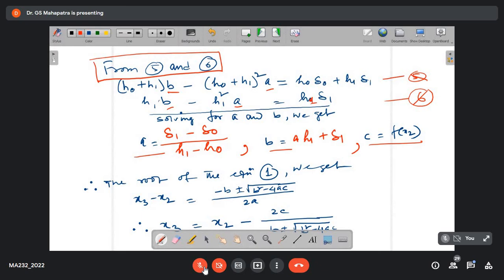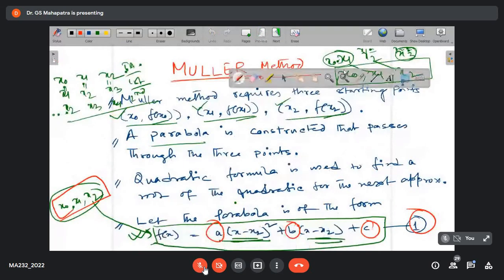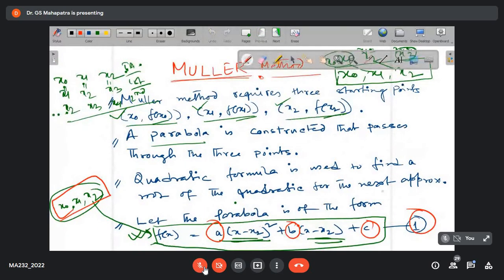Since you have A, B, C, I think you will be able to find the root of this equation, that is the solution. So what is the root of this equation? A times (x minus x2) squared plus b times (x minus x2) plus c equals 0. So let x3 be the root.